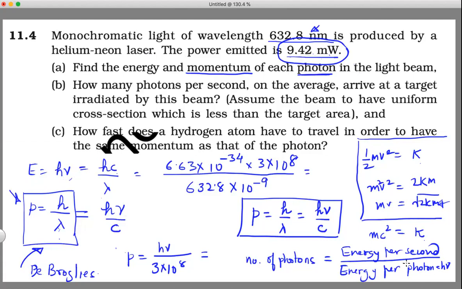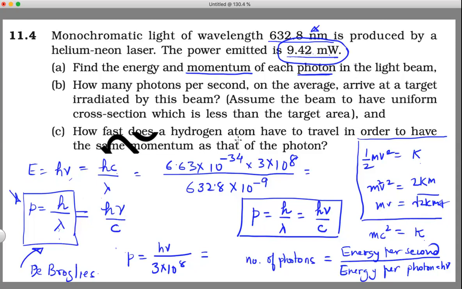So energy per second, which is 9.42 into 10 to the power minus 3, divided by whatever is the energy of a photon we got here. We will get a huge number, in 10 raised to the power 19, 10 raised to the power 20, that kind of number. Those many photons will be hitting the surface every second.